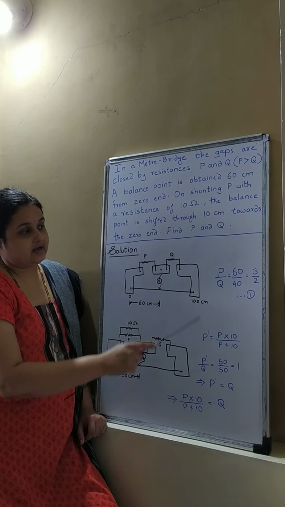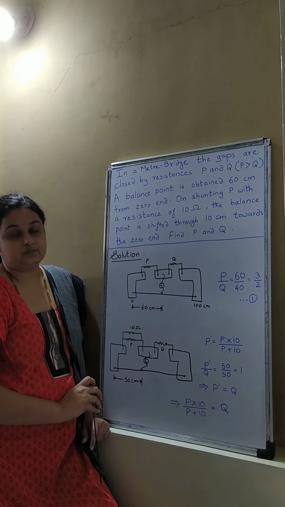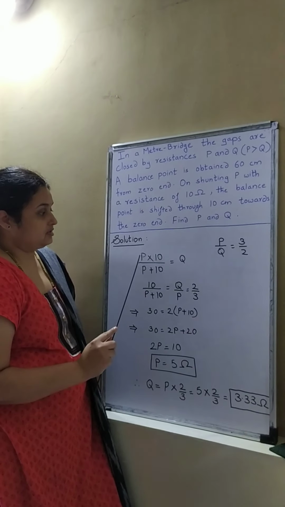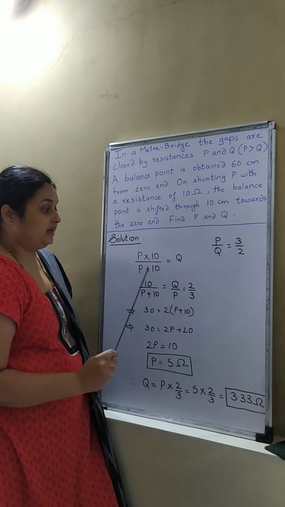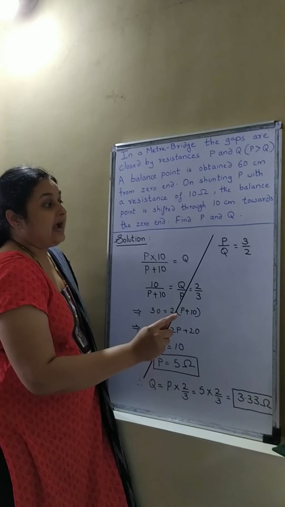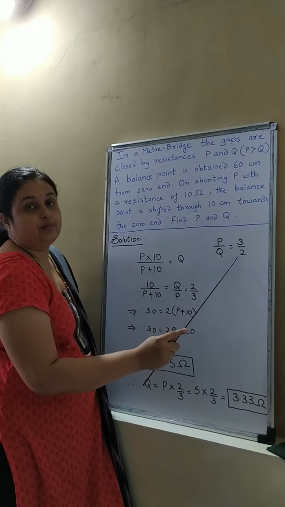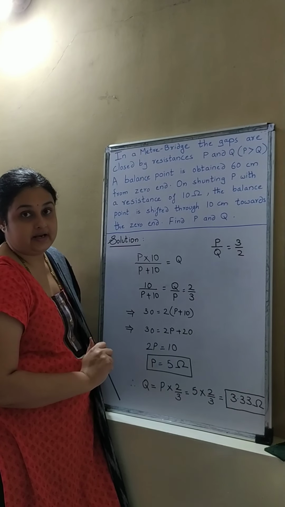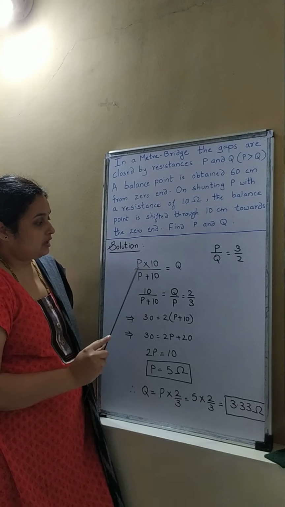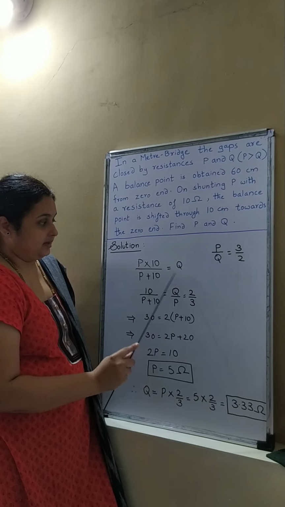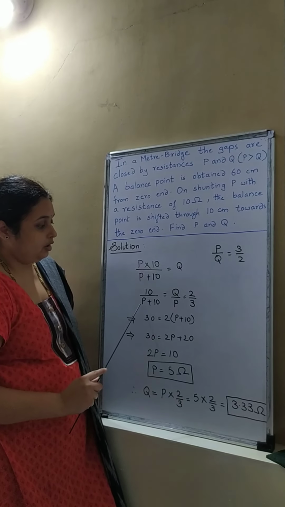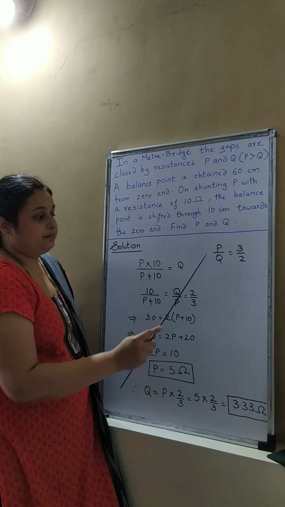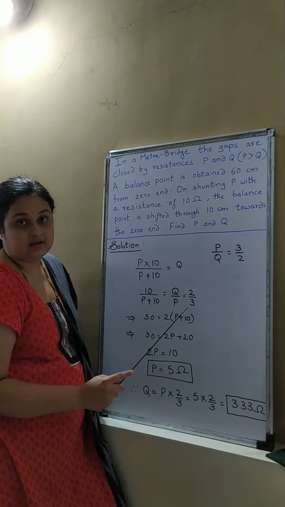Now we will see how to get P and Q. We had these two equations: P into 10 upon P plus 10 is equal to Q, and P upon Q is equal to 3 upon 2. Using these two relations, we are going to solve for P and Q. If I take this P on the other side, I get 10 upon P plus 10 is equal to Q upon P, and Q upon P is nothing but 2 upon 3, right?